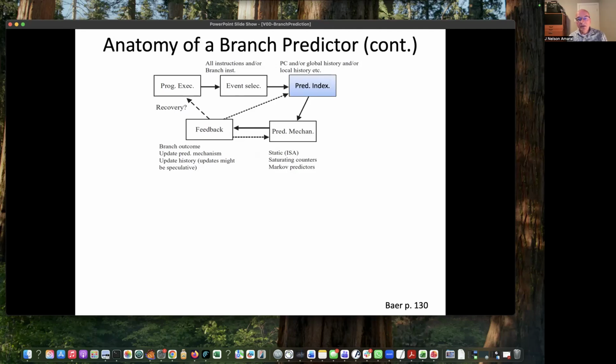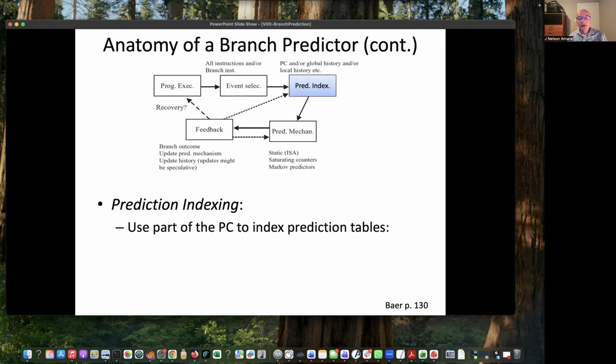Next, I need to index my predictor. For indexing the predictor, I can use parts of the program counter to index the prediction tables. In this case, I will be only using the history of the outcomes of the previous branches at this program counter. So I do not see the global history.